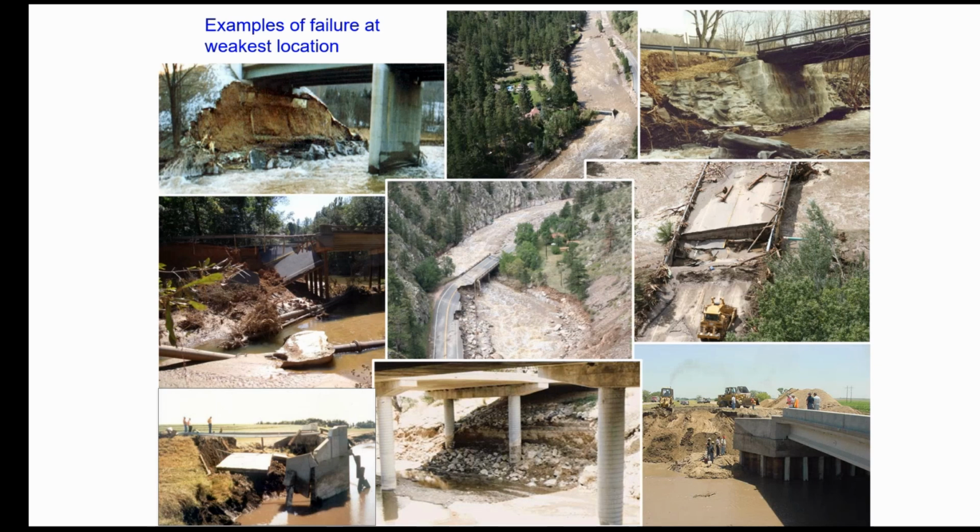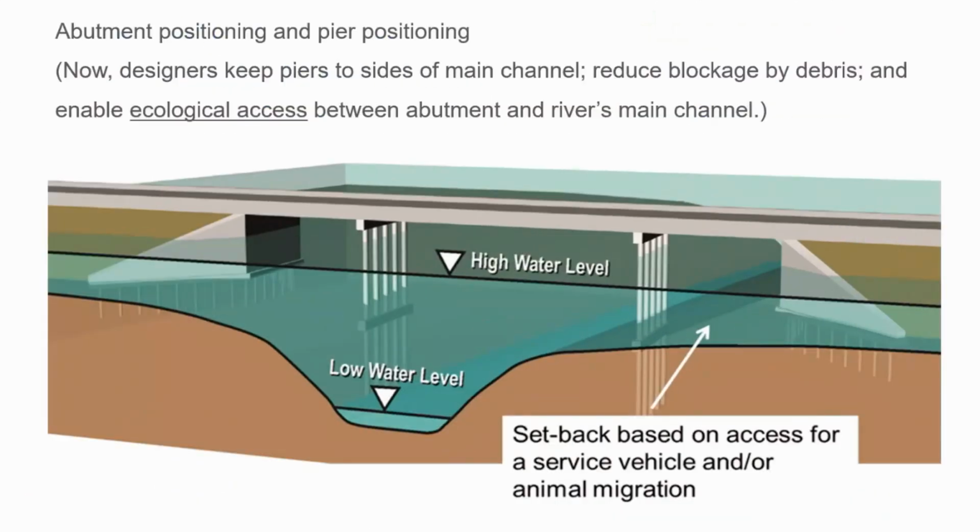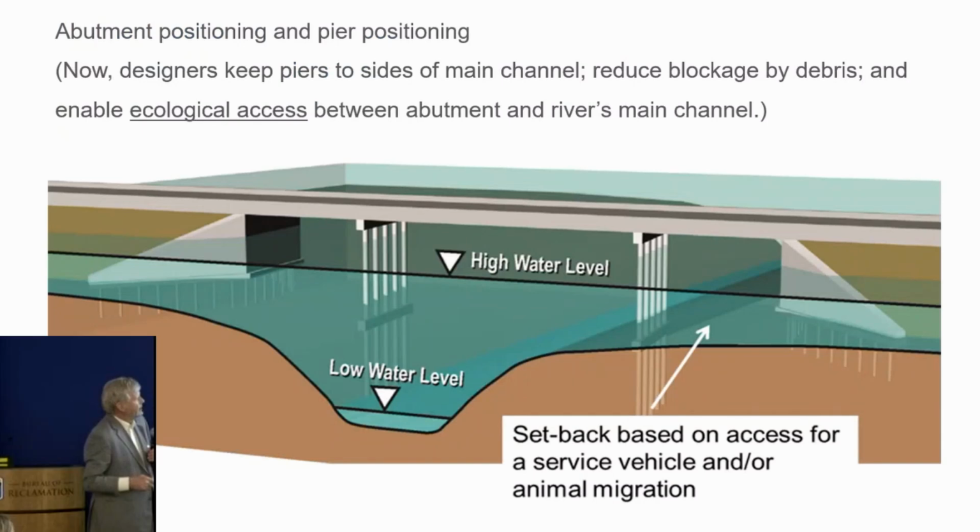This is a bridge in Wyoming where the scarp failed, or rock slid laterally into the abutment. So this is a concern too, which we face in Wyoming and Colorado. This is another rendition of a bridge crossing. These days, typical abutments are set back on the floodplain to allow environmental passage, animal migration, or a service vehicle, a pickup truck.